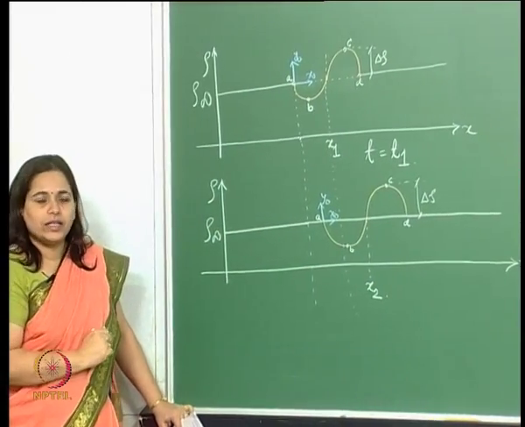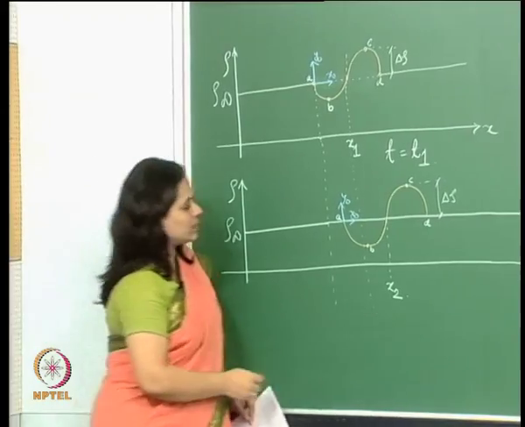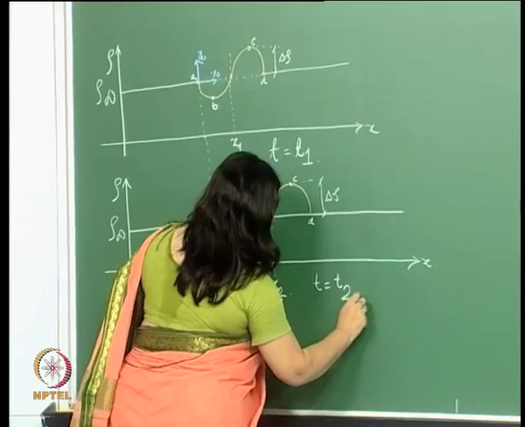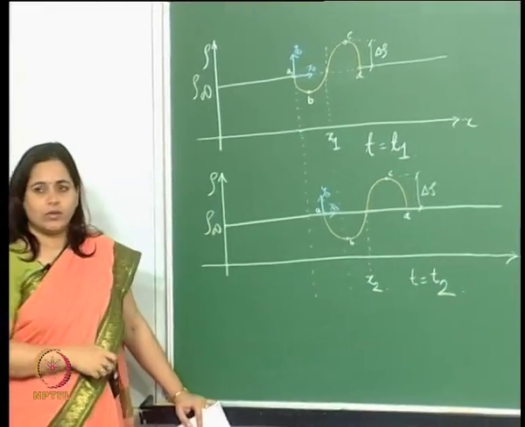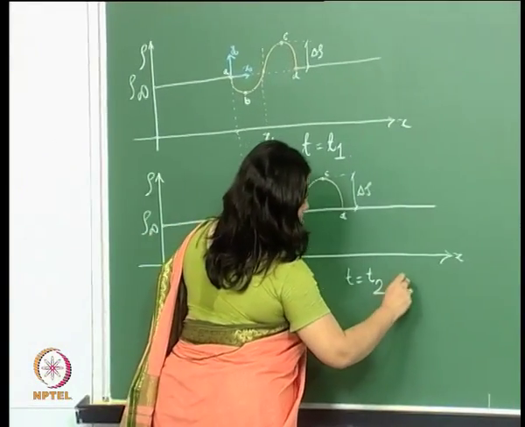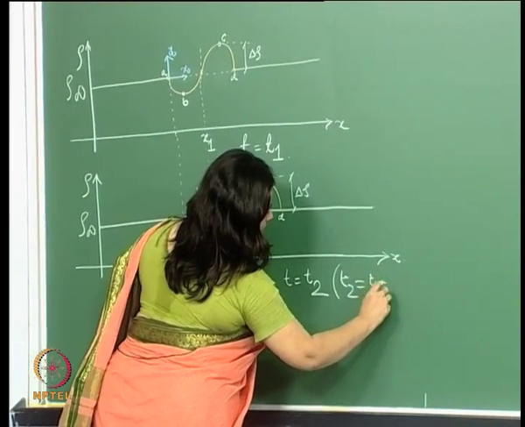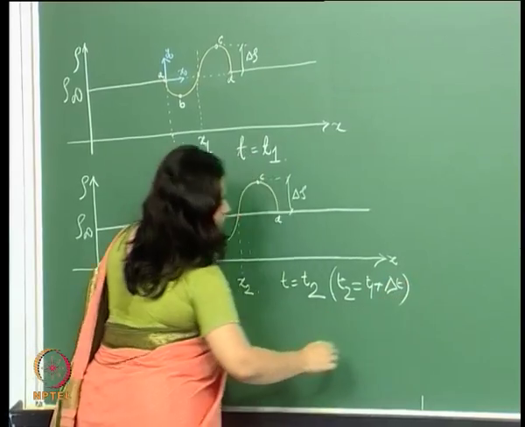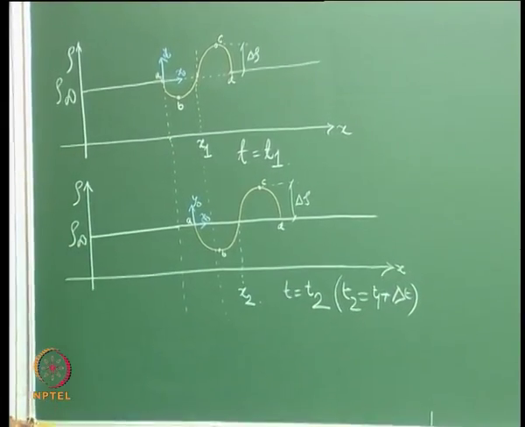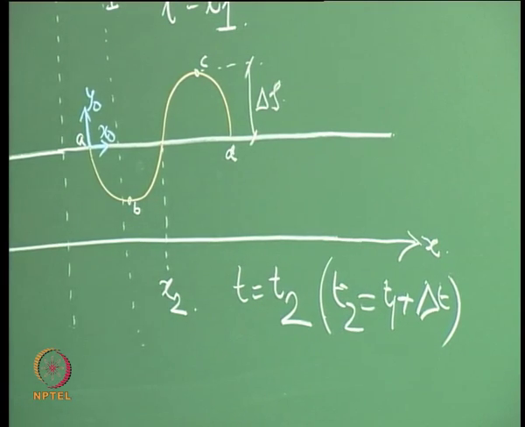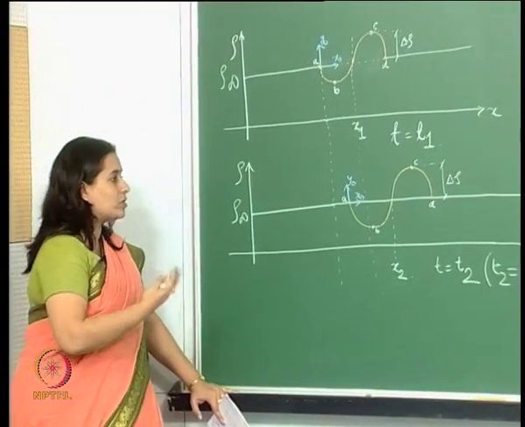But now, let us say this is a picture we are looking at time equal to T2, so basically we are advancing in time. In that case, if I consider this as unsteady, this picture also changes.